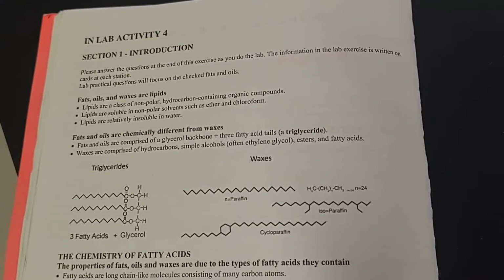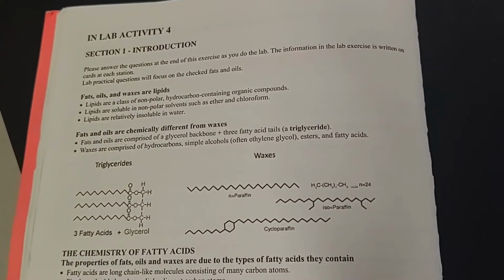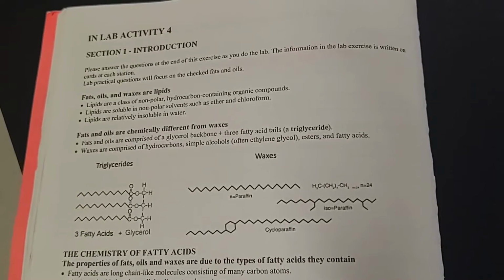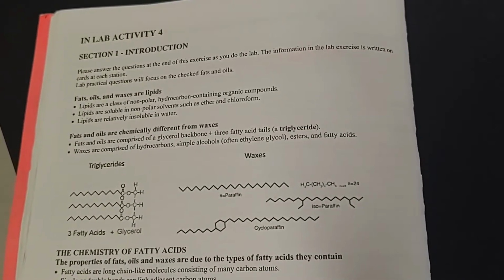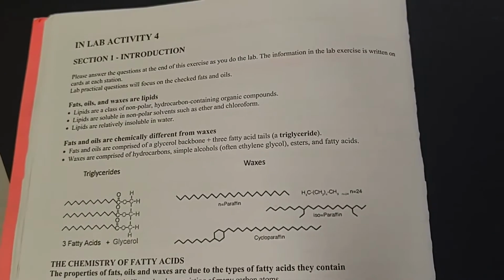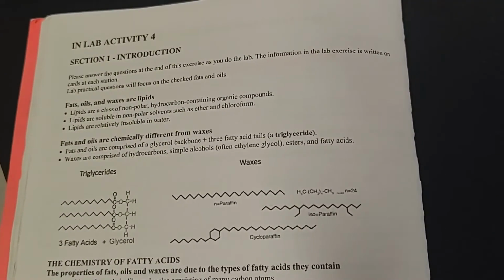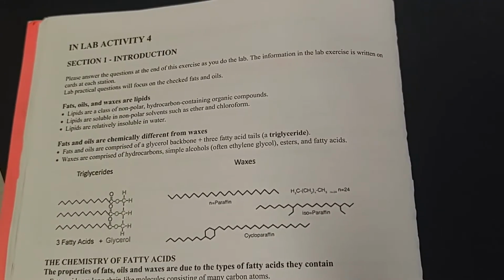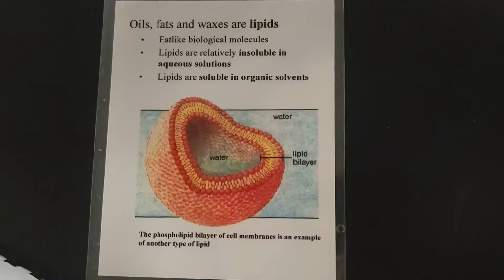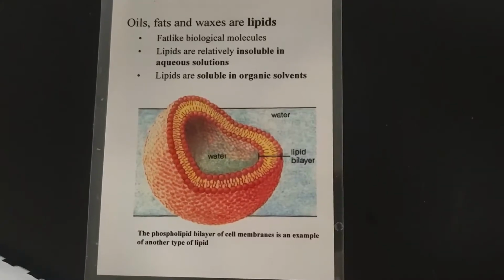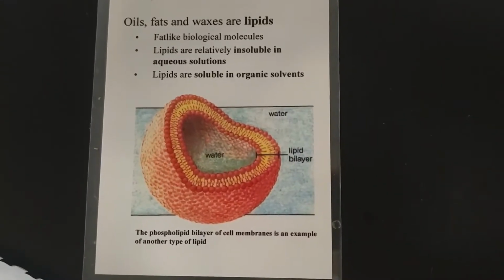Today we're going to talk about Lab 4, which covers vegetable fats, oils, and waxes. We start out with an introduction on what these are. Notice that fats, oils, and waxes are lipids, something you may have heard about in biology quite a lot, that lipid bilayer. As I mentioned, these three things are lipids.